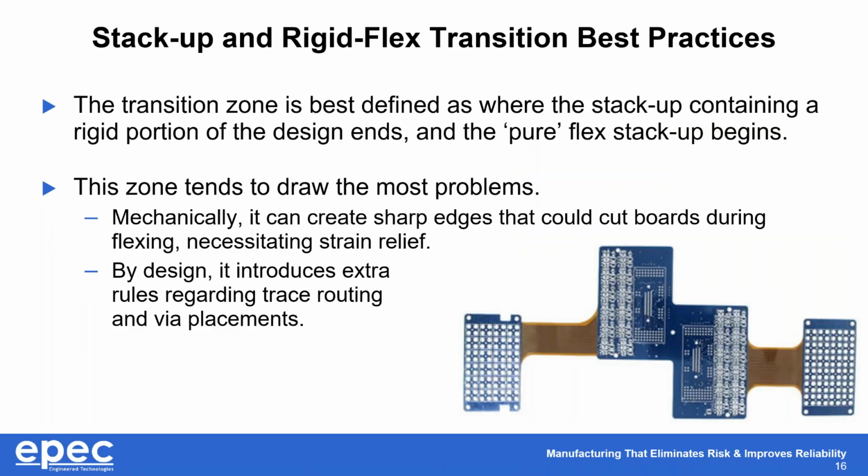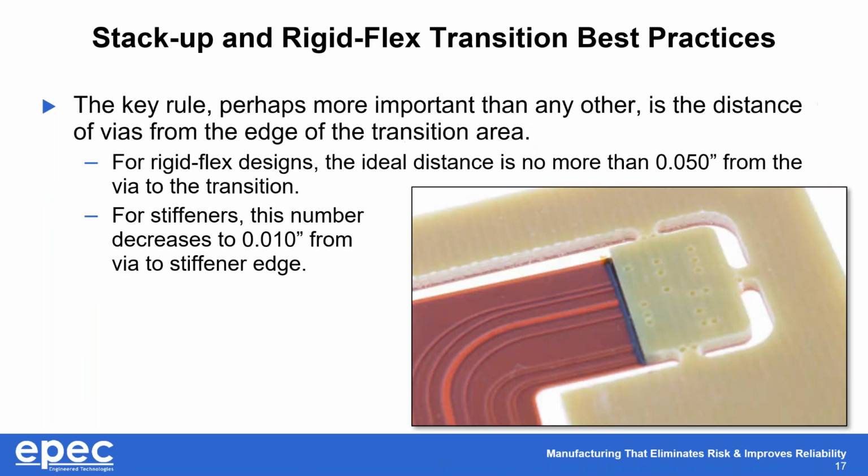And then by design, even with the changing material properties in that transition zone, it can introduce a lot of extra rules regarding trace routing and via placements and things of that nature. And so the key rule, probably the most important, if only because it is the one that we most commonly see forgotten in designs, is the distance of vias from the edge to the transition area.